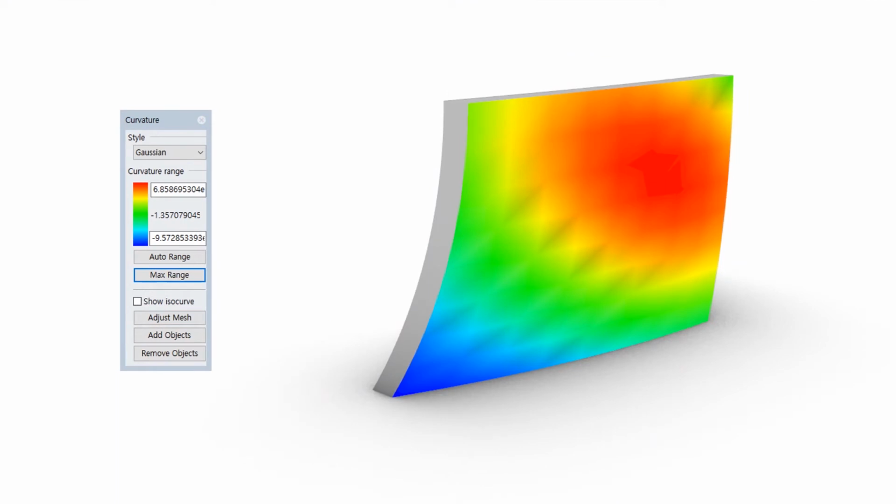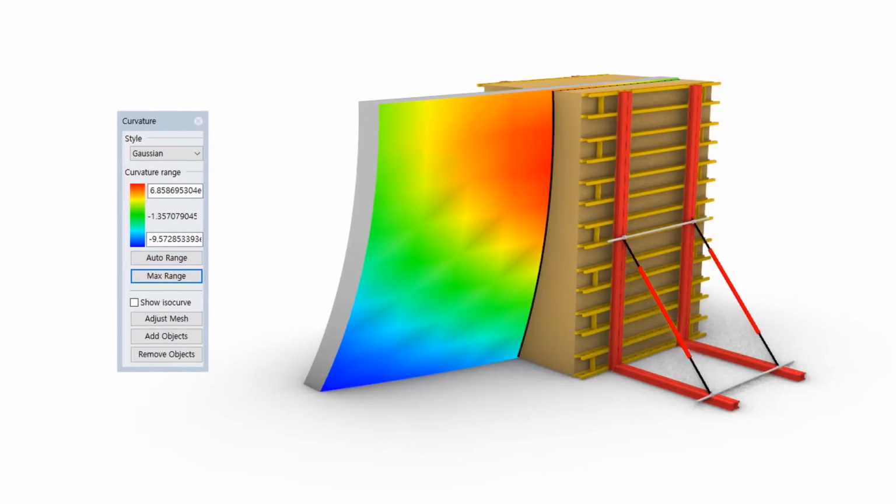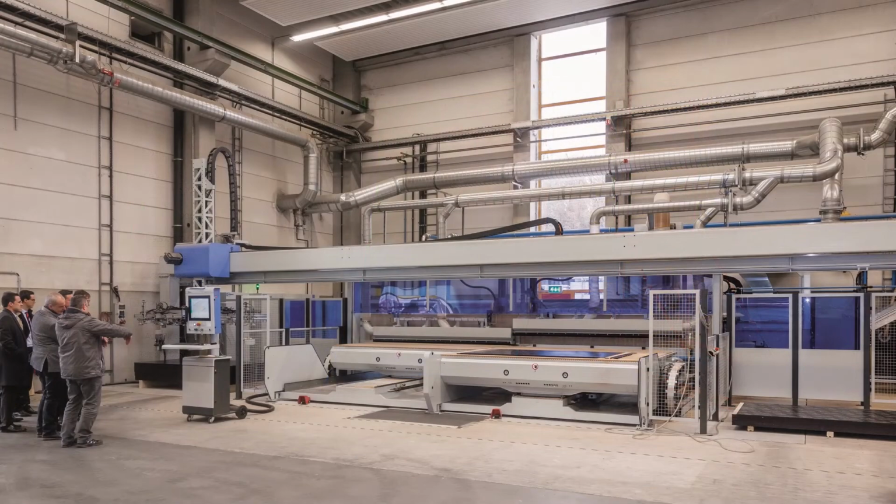It could analyze the curvature of all forms. The Benz Museum also used a curved form using a CNC machine to implement the freeform design. Among the various CNC cutting methods, the Benz Museum used the waterjet cutting method.